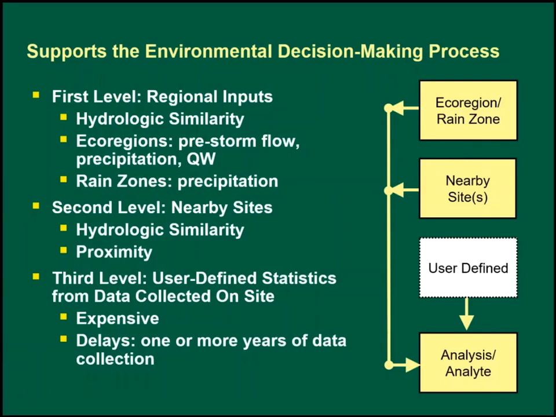SELDM supports the environmental decision-making process. If you think of a highway as a long linear feature, in theory, if you're putting in a new highway, it could cross hundreds of streams.